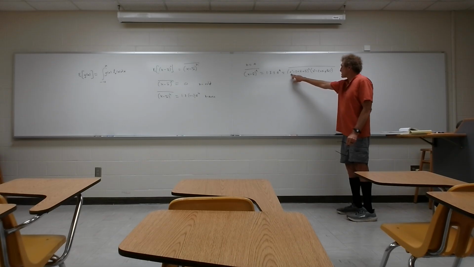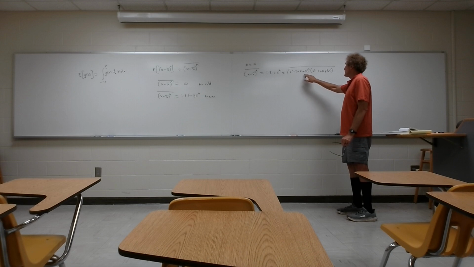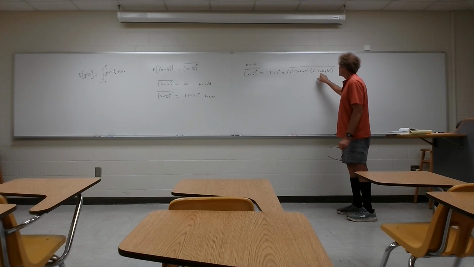This is going to be x to the 4th, and you have this times this. Then you're going to have minus 2x cubed x bar, minus 2x squared, x bar squared, and so on.